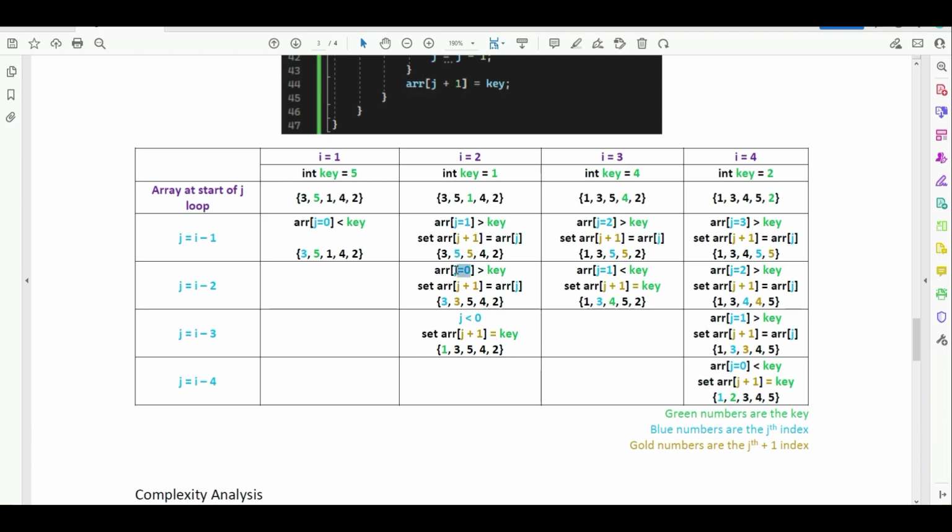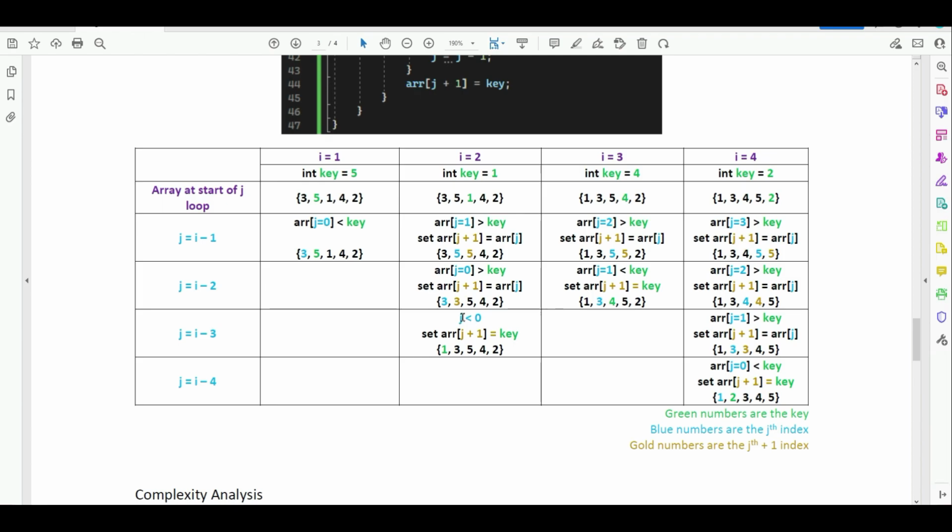And then we look at j equals 0 here, which is greater than our key, which, remember, is 1. And so we then set j plus 1 equal to j. So our j is this 3, and our j plus 1, which was our 5, we're setting equal to 3 right here.